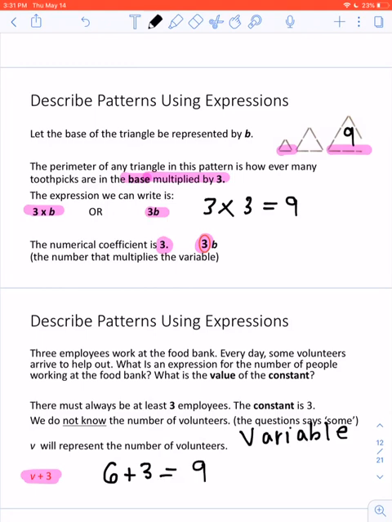Maybe one day there's 5 volunteers. 5 plus 3 equals 8. Maybe one day there's no volunteers. So V would just be 0 plus 3 equals 3. It's never going to go below 3 because we know that 3 employees work there every single day. That won't change.